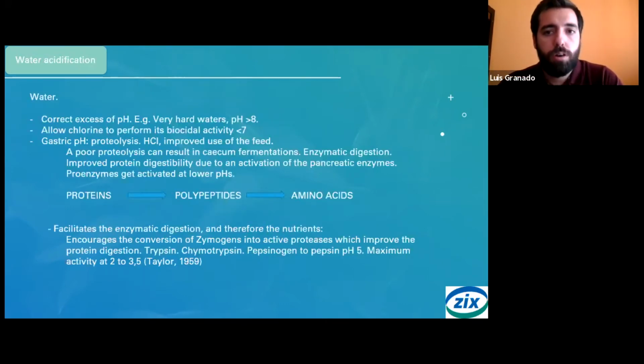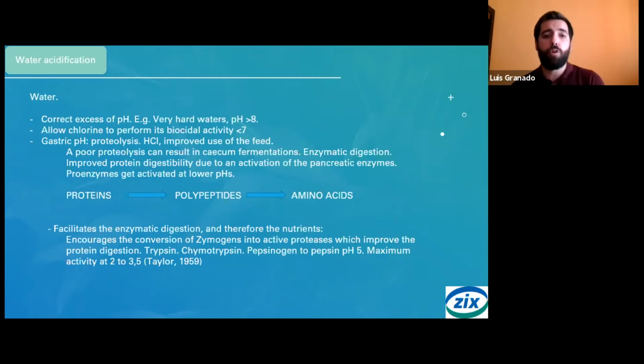So in those cases where we have an alkaline water, we are looking to correct the excessive pH, right? As I said, it is not advisable at all to work with water with pH over 8. We need to reduce that pH. So we will need to get that physicochemical correction. How are we going to know that?